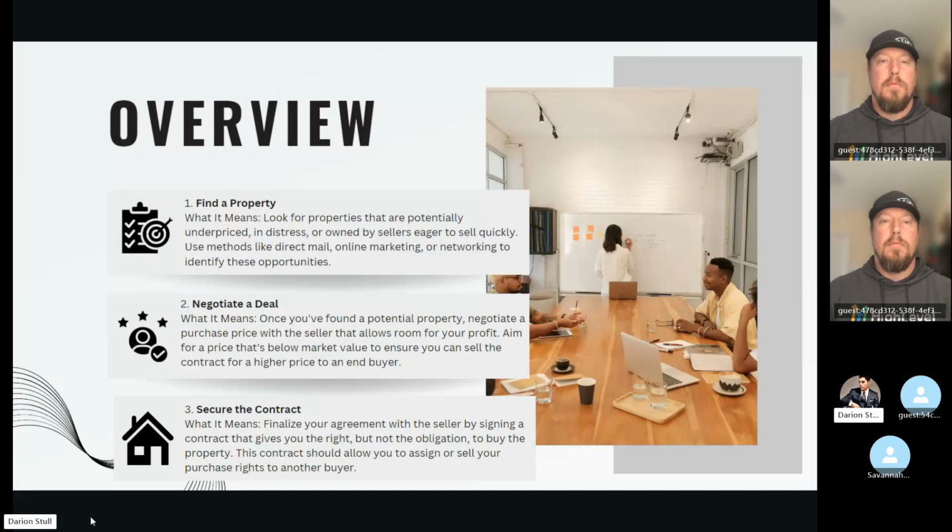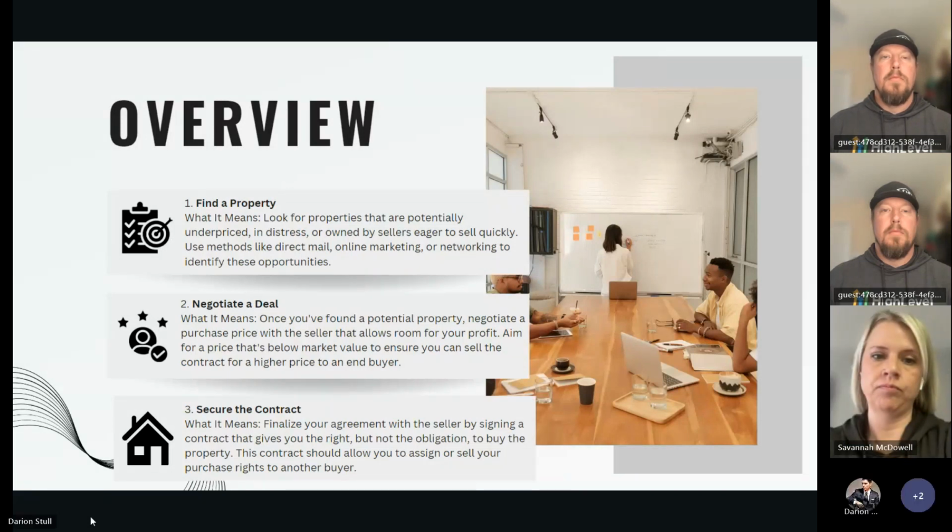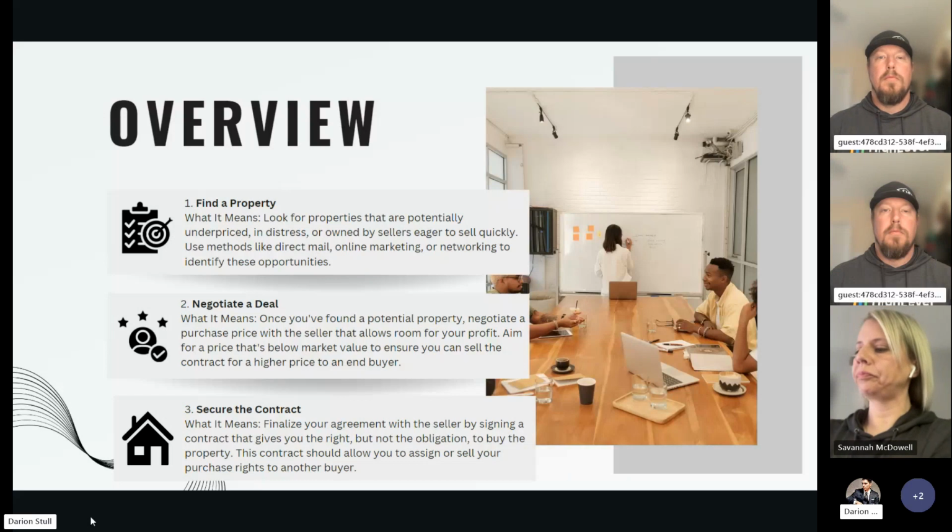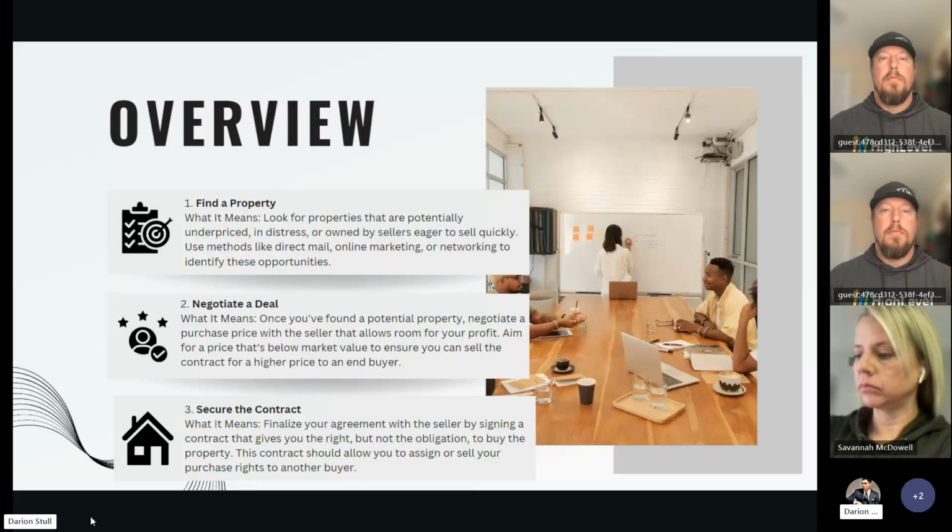So basically, when you're wholesaling a property, the acquisition side of it is you find a property that's distressed, or you find a homeowner that's in a distressed situation, either or. You connect with that homeowner, you discover what problems they have, you listen to their story, everything going on in their world to figure out one, what's going on, and two, is there really anything that you can do to provide them support?